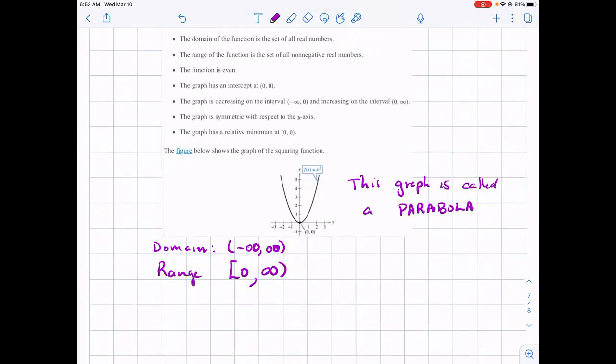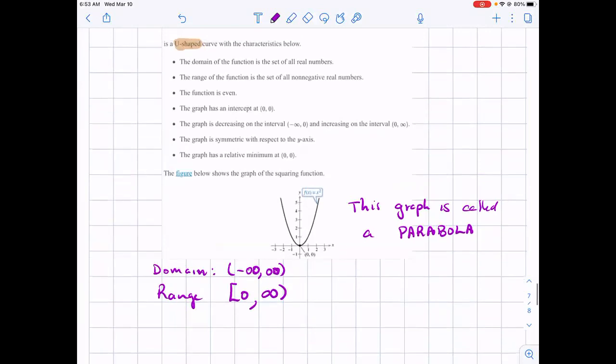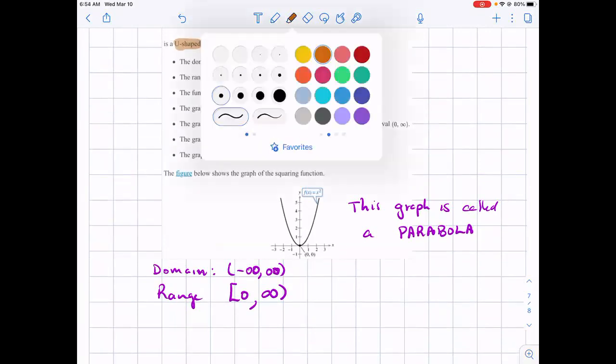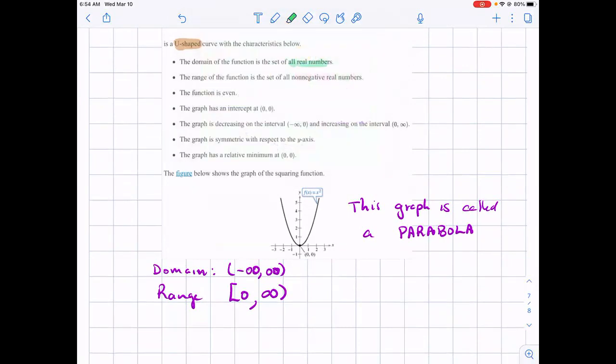The domain is the set of all real numbers, which means minus infinity to infinity. The range is all non-negative real numbers, so that's 0 to infinity in interval notation.